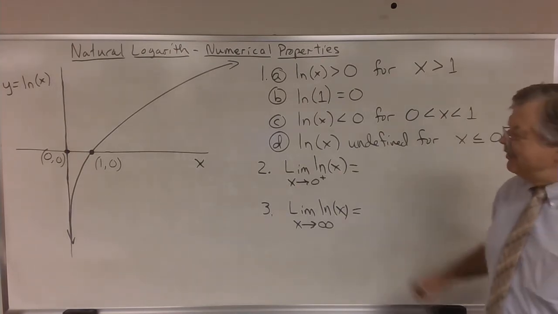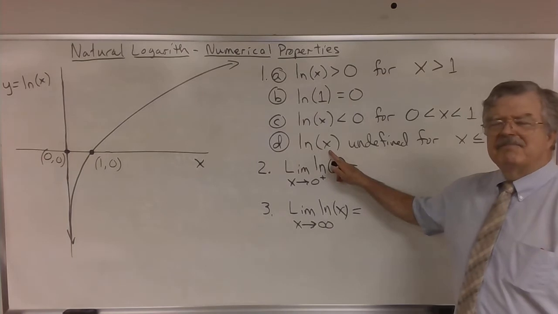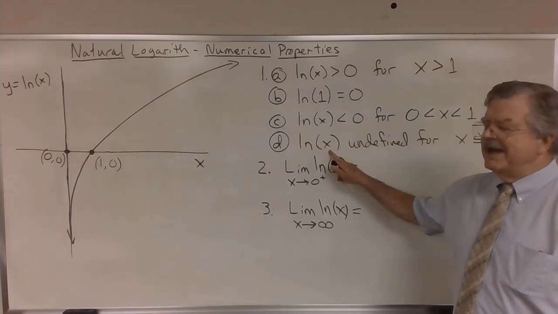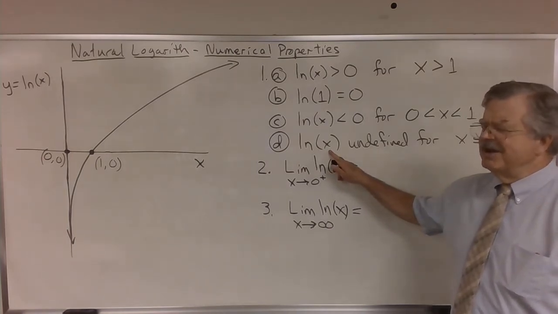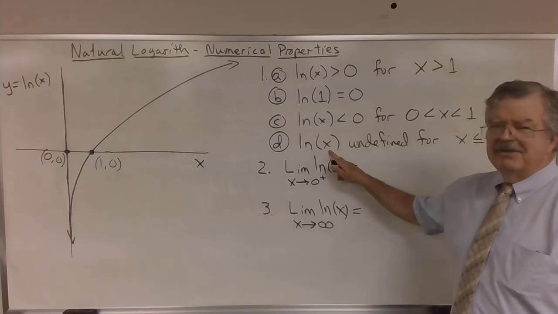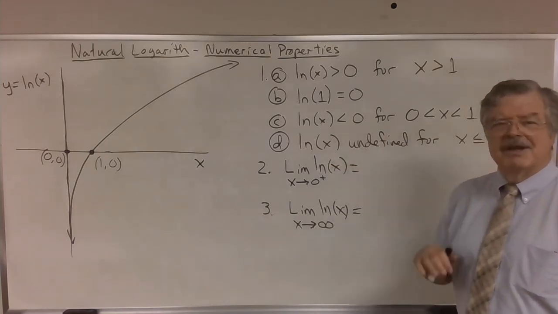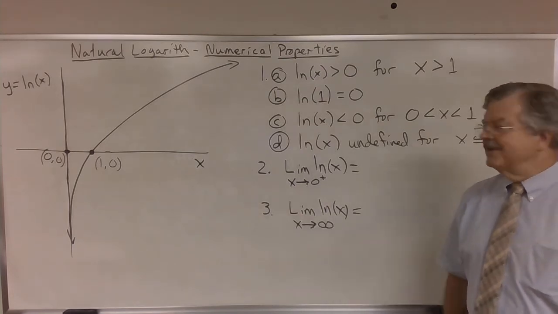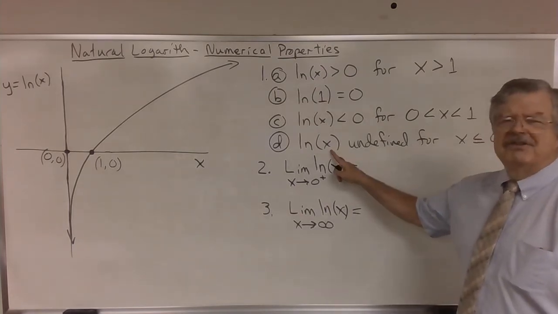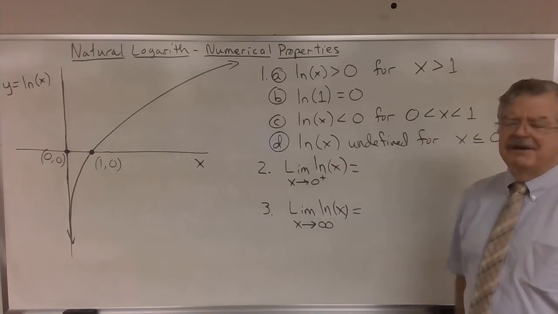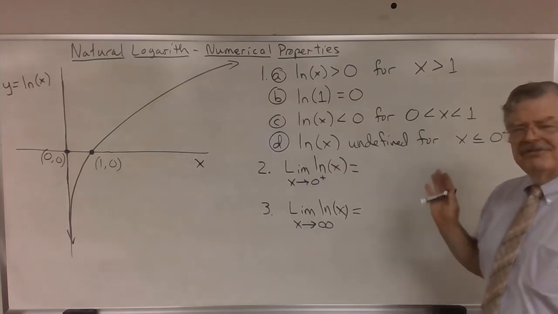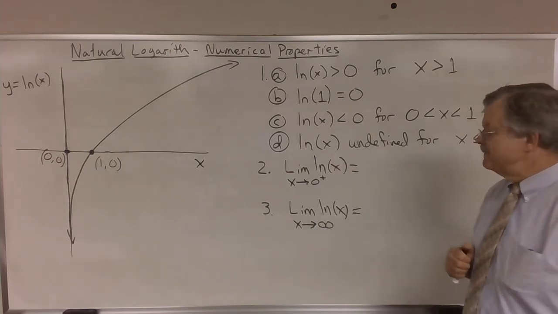And I don't think it will really be the case that the Earth will get sucked into a black hole if we plug a negative number in here, but why risk it? It is the case that our calculator will start smoking and it will burn up and we'll have to buy another one. So don't plug a 0 or a negative number in here. We'll save ourselves some money on a new calculator.